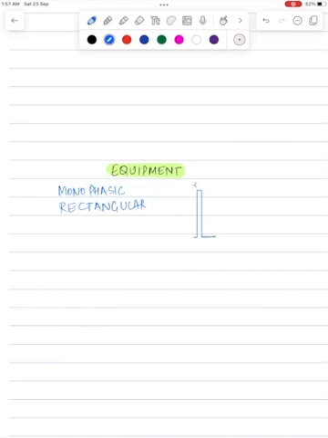Right? And the duration of the pulse should not exceed 0.2 to 0.3 millisecond. If the duration of the stimulus is more than 0.5 millisecond, then there are high chances of direct muscle stimulation.